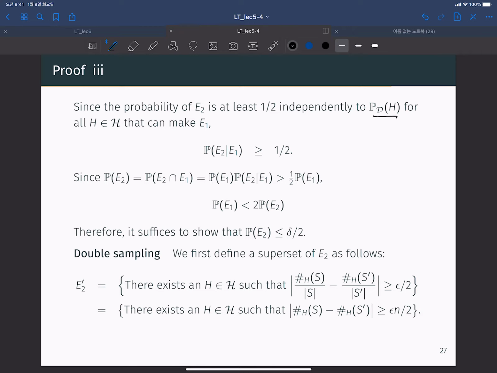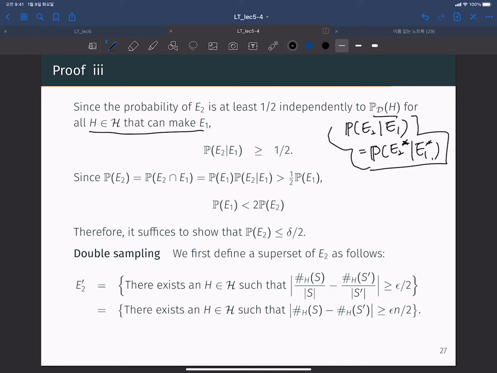So from the previous page, the probability of E2 given E1 is equal to the probability of E2 star given E1 star, from the definitions of E2 star, E1 star, E2 and E1.